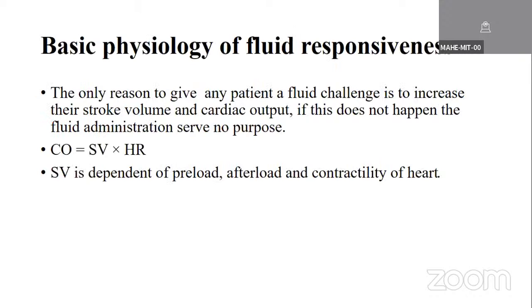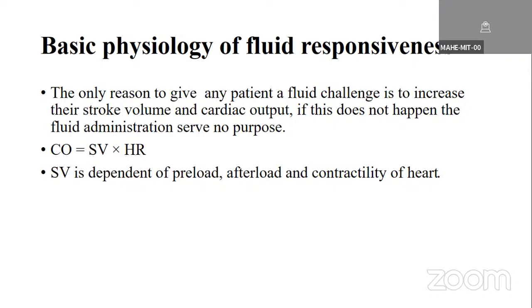So the basic physiology of fluid responsiveness is that the intention with which we give the fluid bolus is to see an increase in the stroke volume, and that should ultimately increase the cardiac output to have adequate tissue perfusion for the patient.